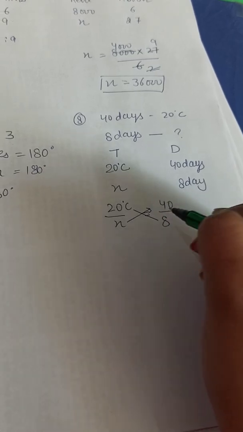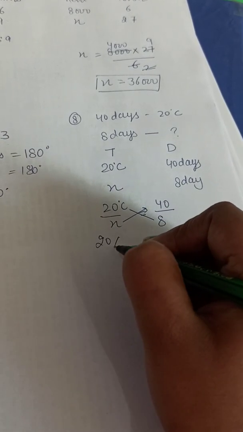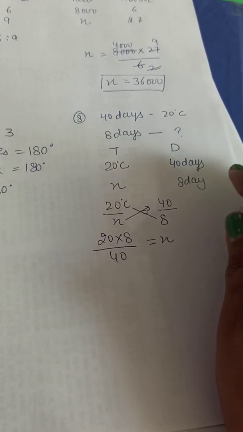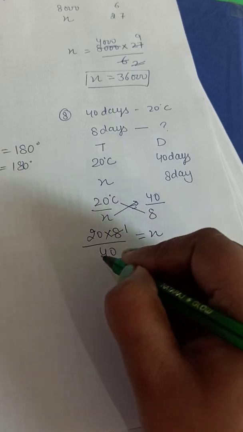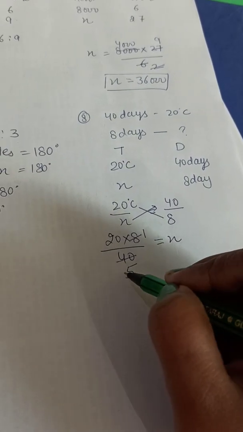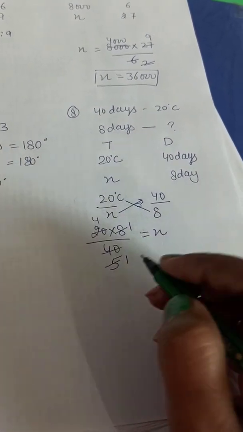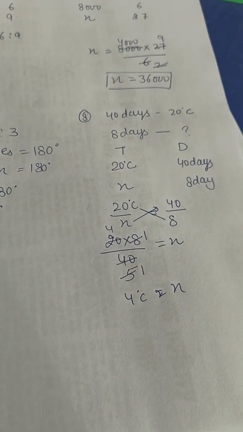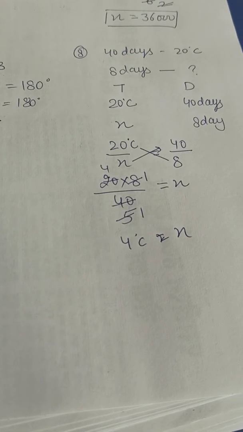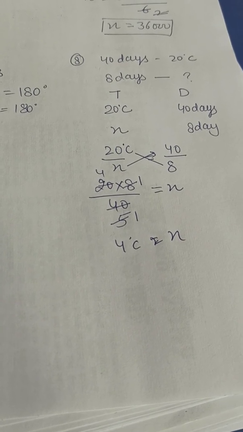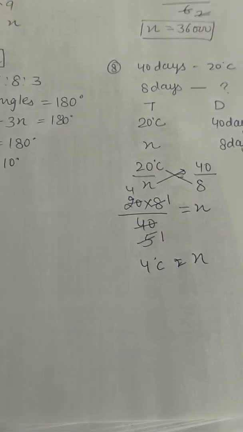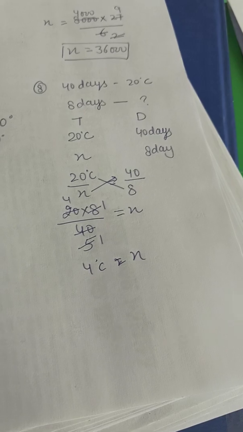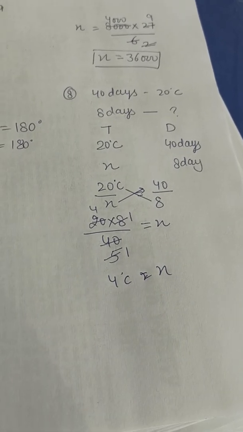Cross multiply, 20 multiply 8 by 40. 8 ones are 8, 8 fives are 40, 5 ones are 5, 4. So 4 degrees Celsius temperature rise in the next 8 days. Clear this one?